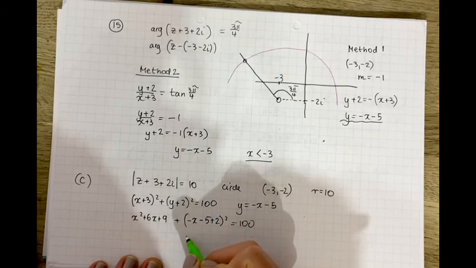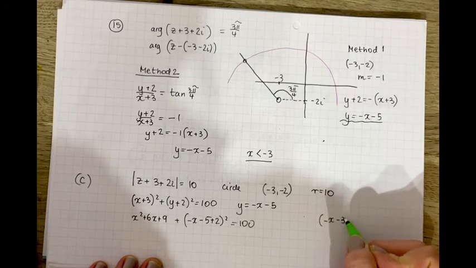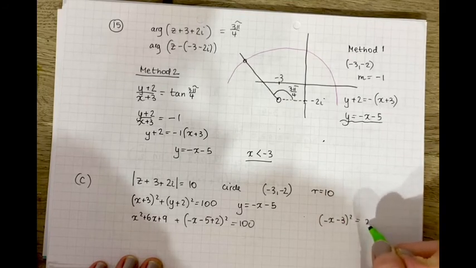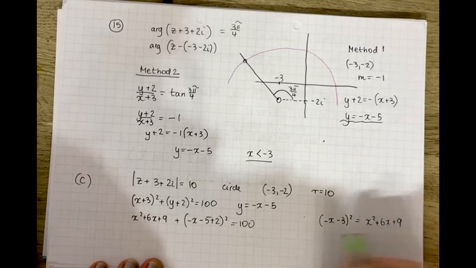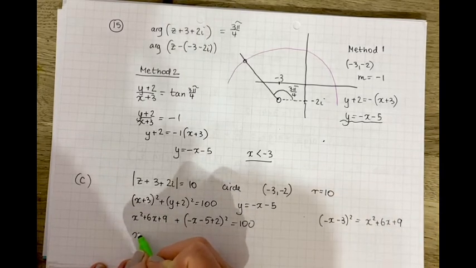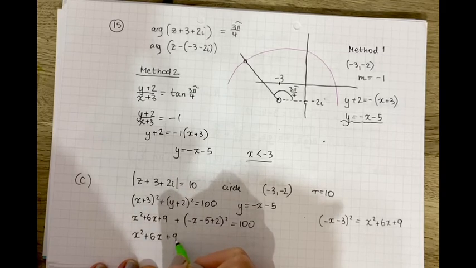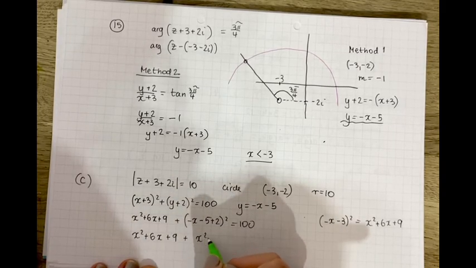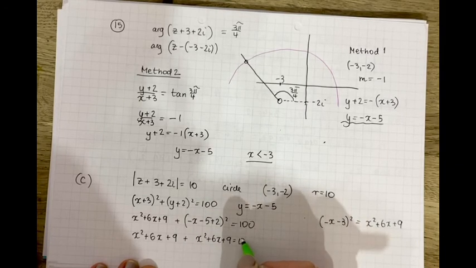Let's just expand this, so it's going to be minus x minus 3 squared, which is x squared plus 6x plus 9, exactly the same as before. So you've got x squared plus 6x plus 9 plus x squared plus 6x plus 9 is equal to 100.